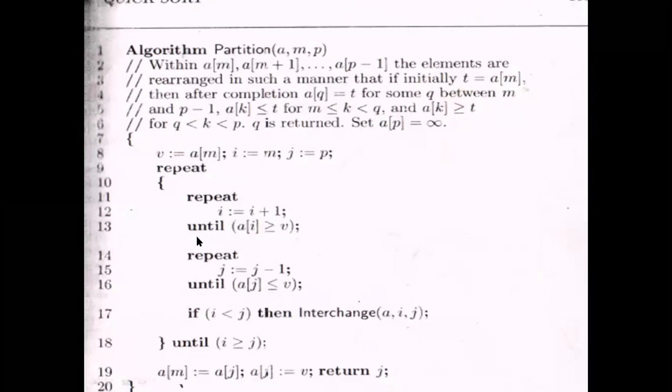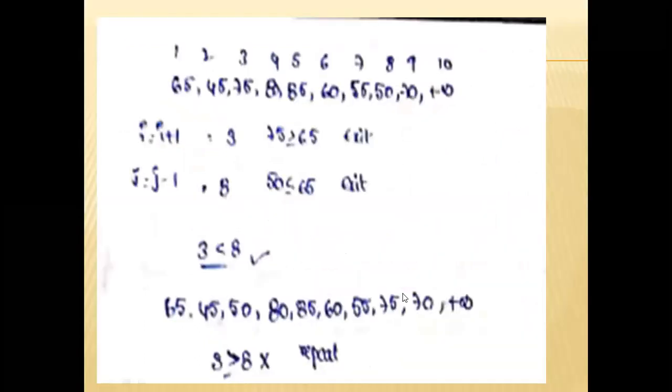By following the partition algorithm, comparing the second element and the ninth element, the second element, 70, is greater than 45, so interchange the two elements. That means interchanging the second element with the ninth element.